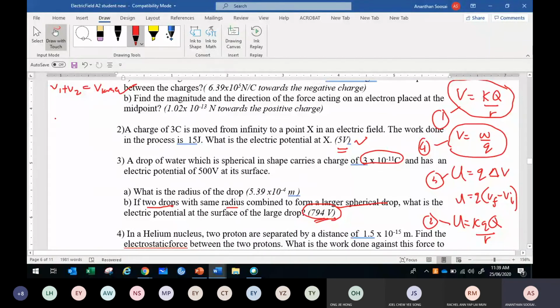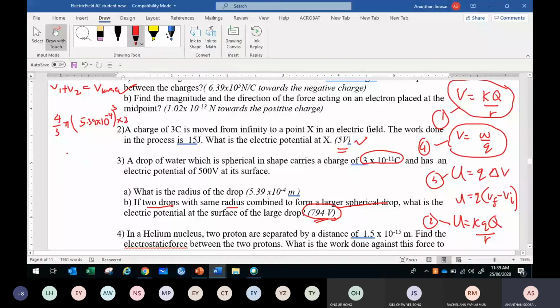So 4/3 pi r cubed is how much for the small one? The one you got now, 5.39 times 10 to the power of negative 4, cubed. We just times 2 because both volumes are the same.